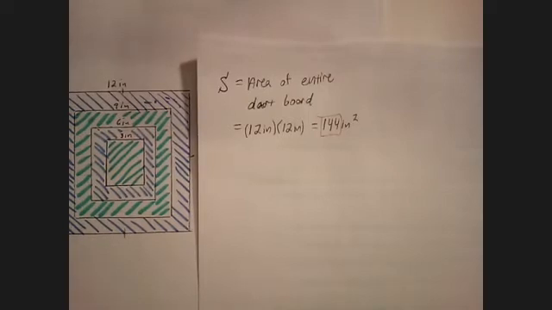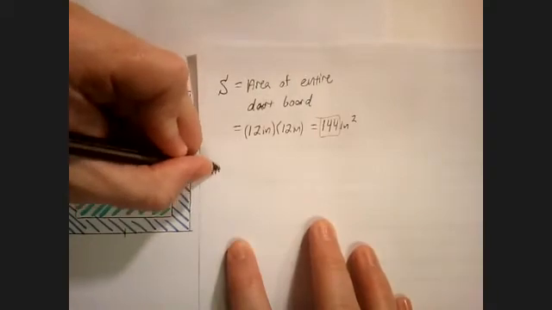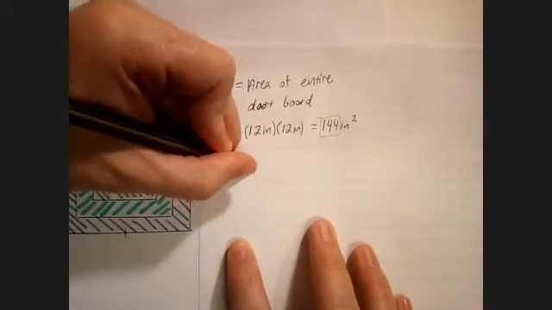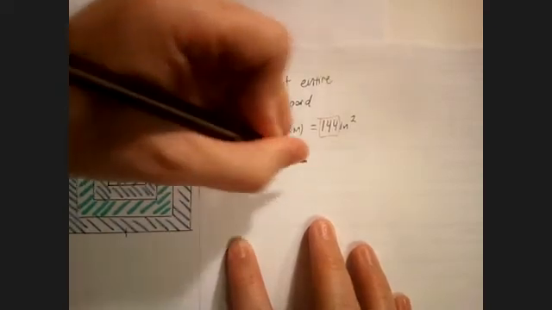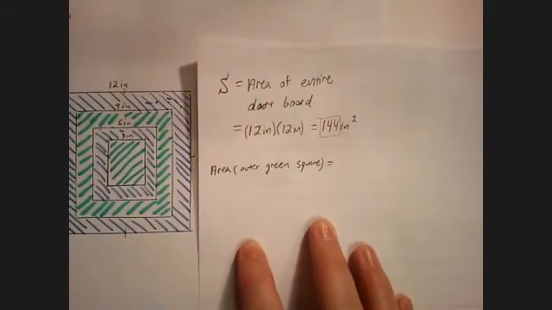Okay, so now I have to figure out what percent of space this green takes up. Well, this green square is easy to find. It's 9 by 9. So I'm going to say the area of the outer green square is 9 by 9.